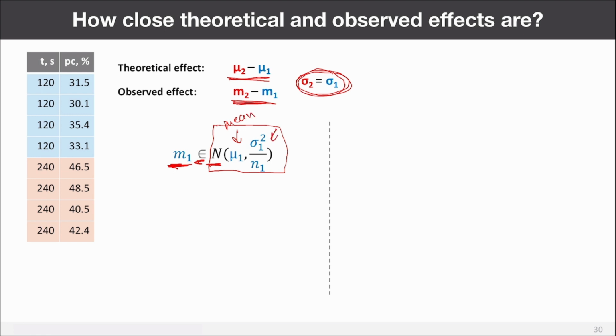Instead of standard deviation, I use variance in order to get rid of the square root. You remember that the variance for the mean, we call it standard error squared, and it's simply the variance of your population divided by your sample size. Standard error is sigma divided by the square root of n, and if you square it, you will get exactly this variance.